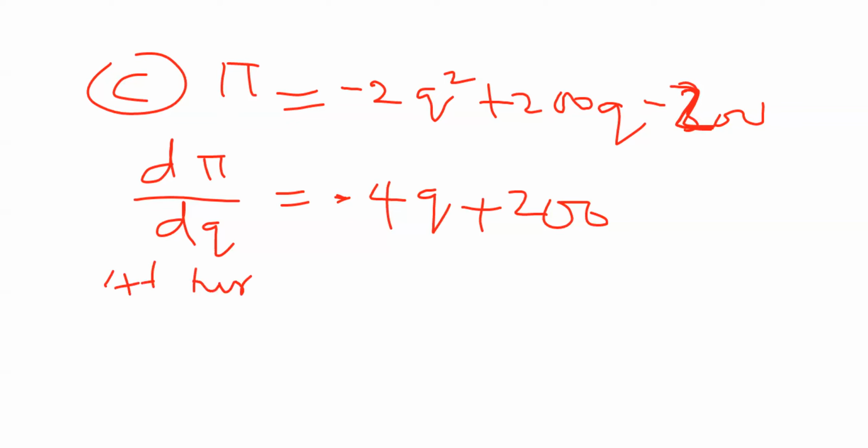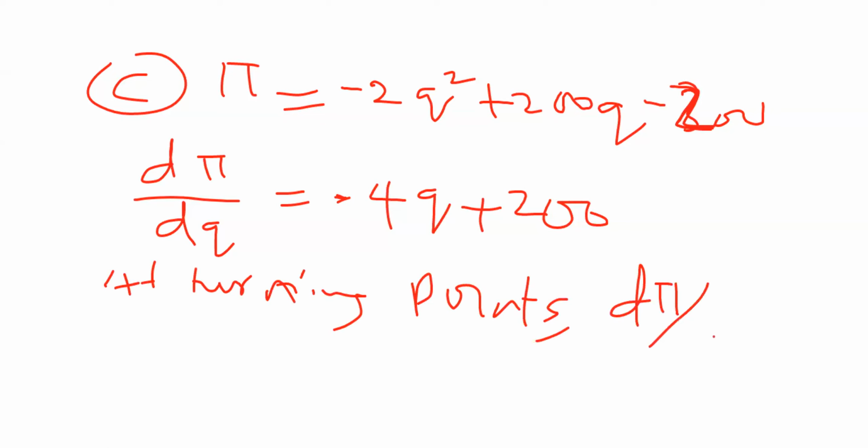At a turning point, which we have learned how to use to find minimum and maximum values, d pi over dq is equal to 0.